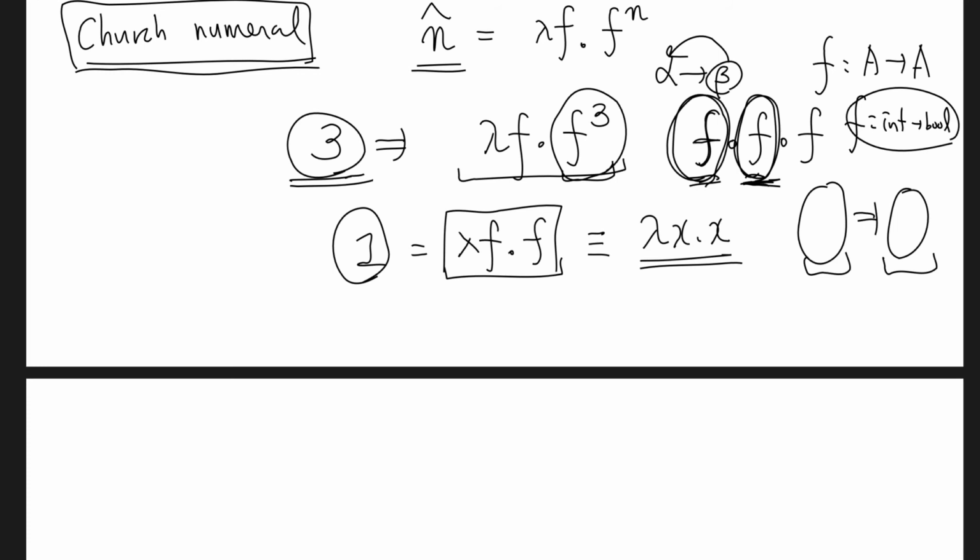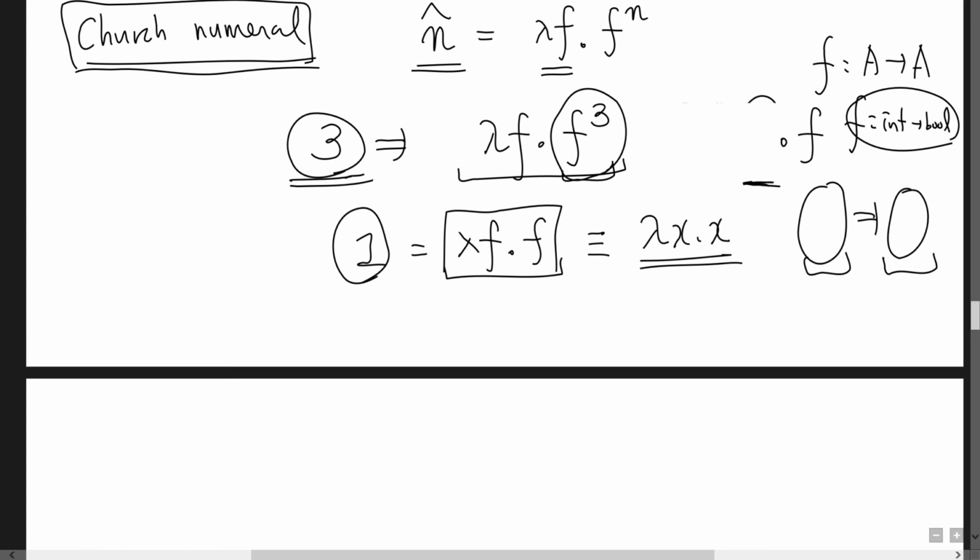So the bottom line is, because we are going to compose the same function several times, the domain and the range of this function must be identical.